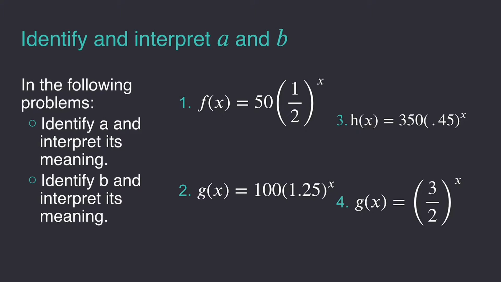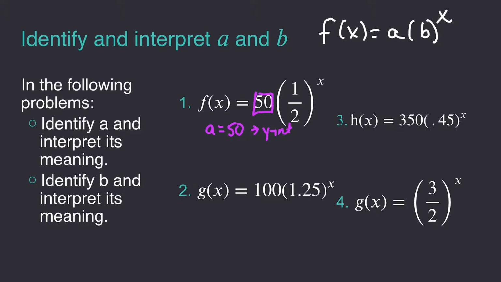All right, so let's go ahead and look at some examples. We want to identify and interpret a and b. So we're going to use this equation, f of x equals a times b to the x power. So number 1, we want to be able to find a. So a is always the number in front of the parentheses, and that is our y-intercept.